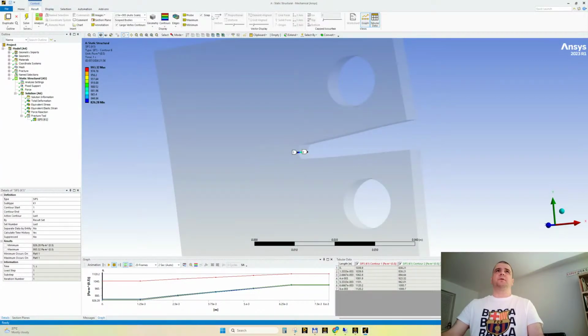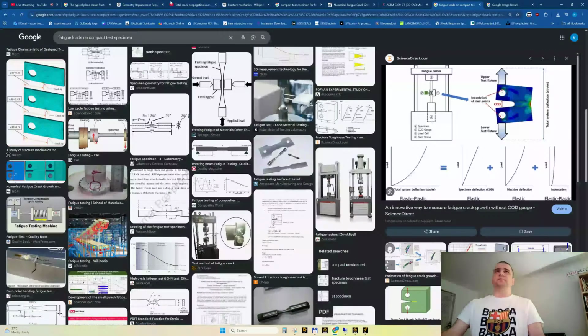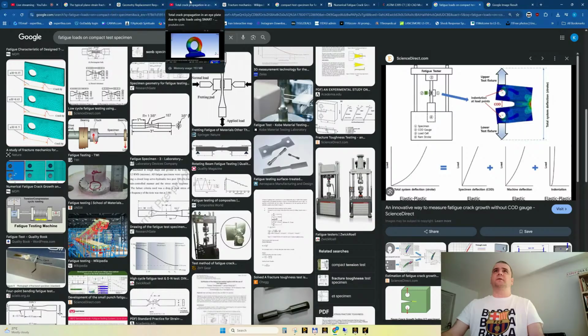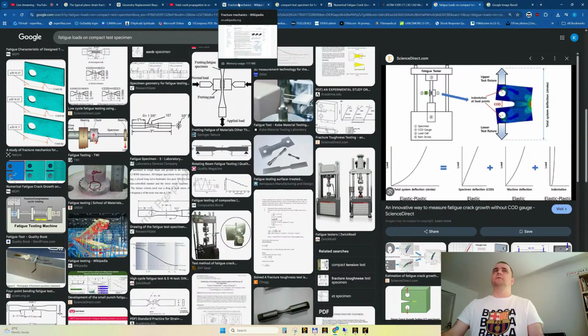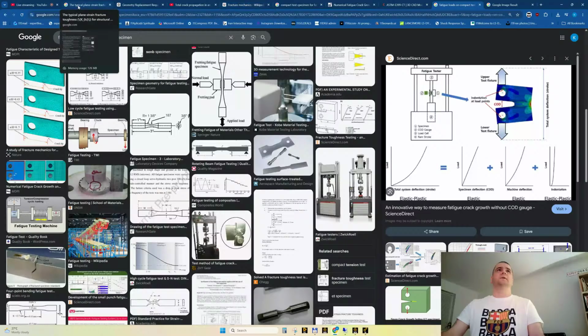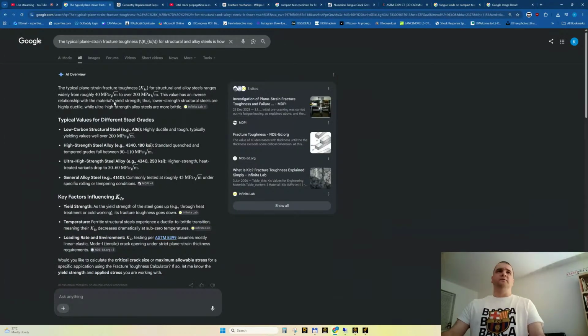So for example, let me show you some typical values for, oh yes, so some typical values for stress intensity factor should be around between 40 and 200 megapascals.